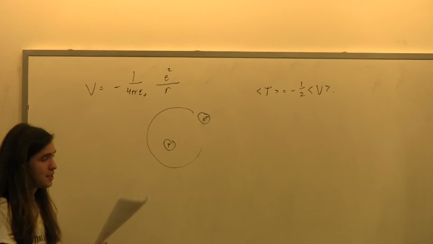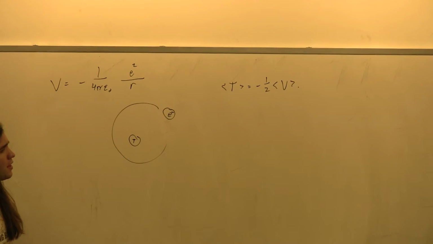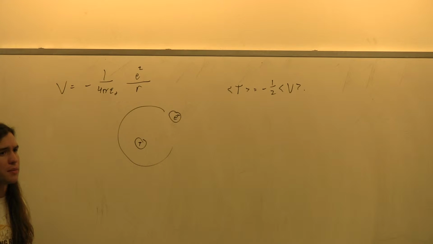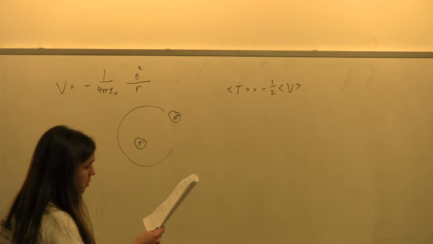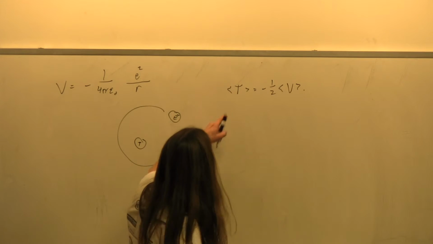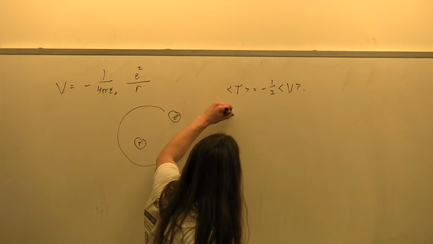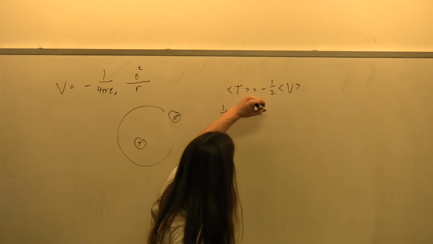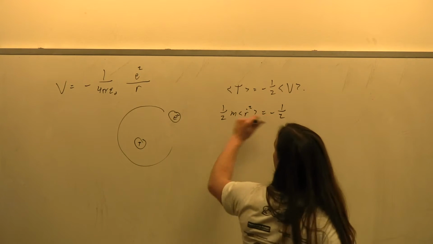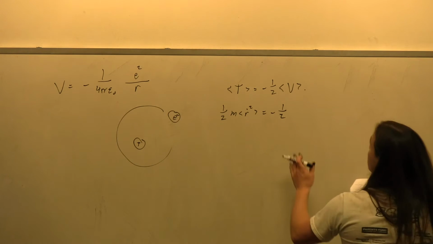So we can just use this and get strikingly good results in quantum mechanics, staggeringly good. You'll see, it's really wonderful. So what we have for the left-hand side is the same thing as that 1/2 m r dot squared. It's just 1/2 mv squared, the average, is equal to minus 1/2, and then we'll just put that potential into here.